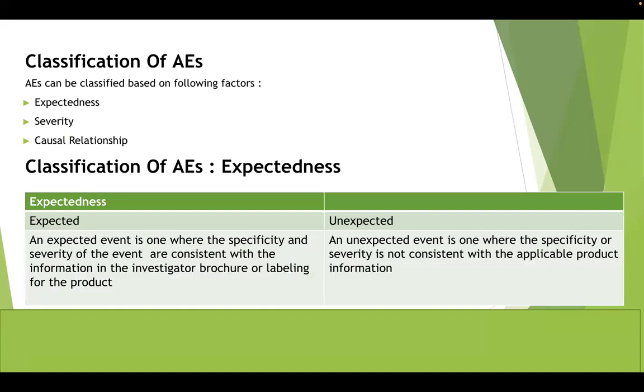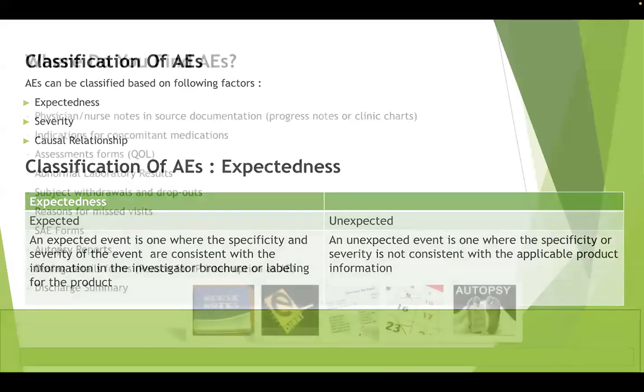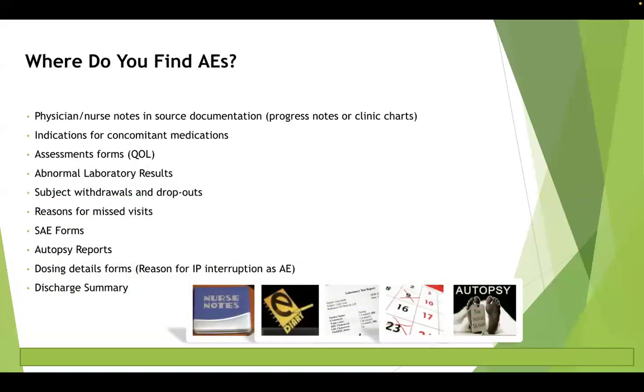So the classification can be based on different factors. One is expected, unexpected. Can someone tell me what is expected and what is unexpected?